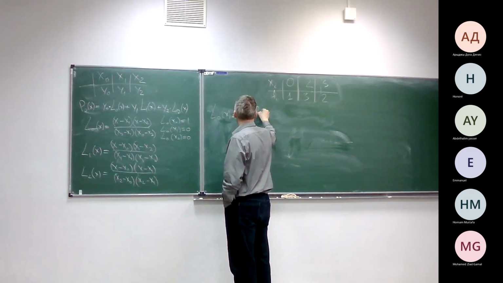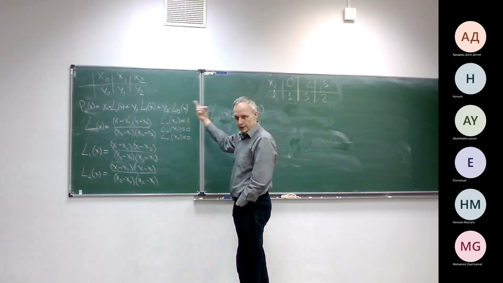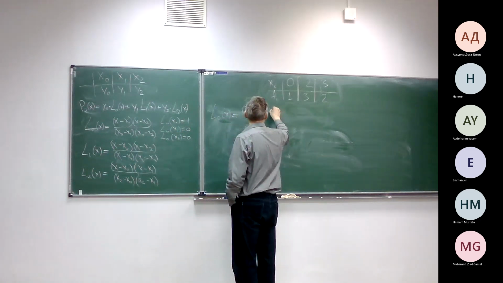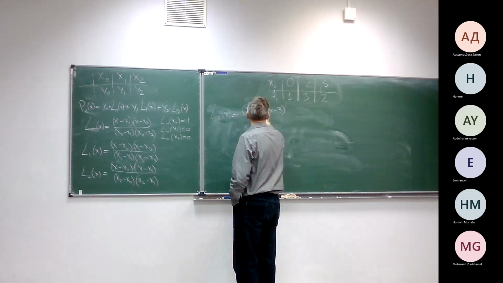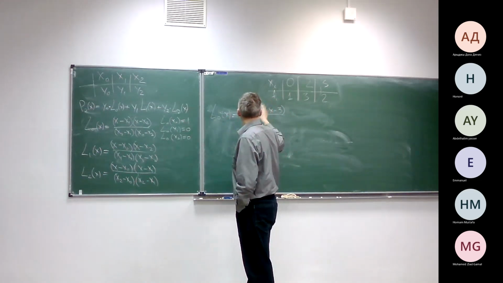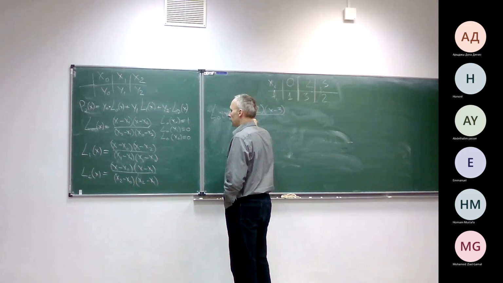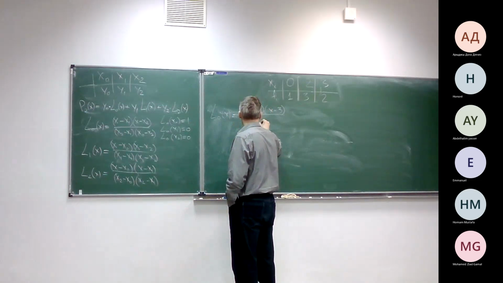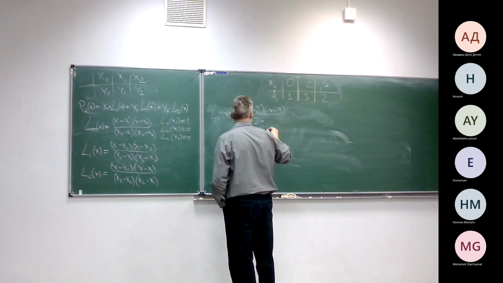And we have x minus 2, x minus x2, x minus 3 over minus 2 times minus 3.